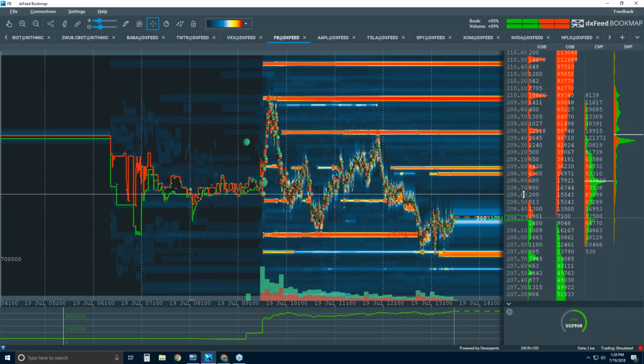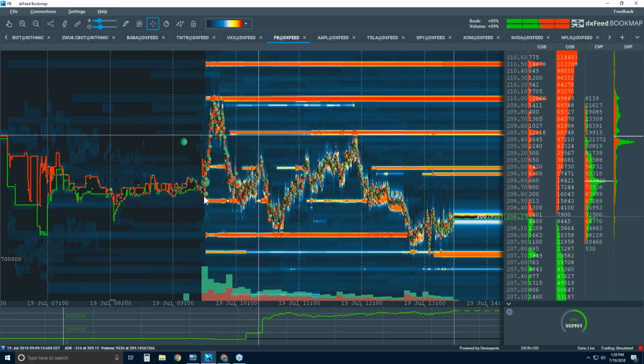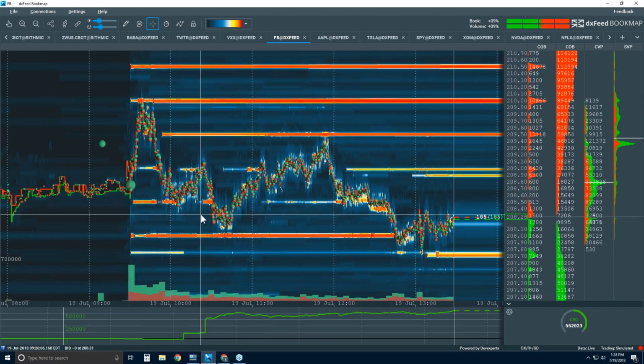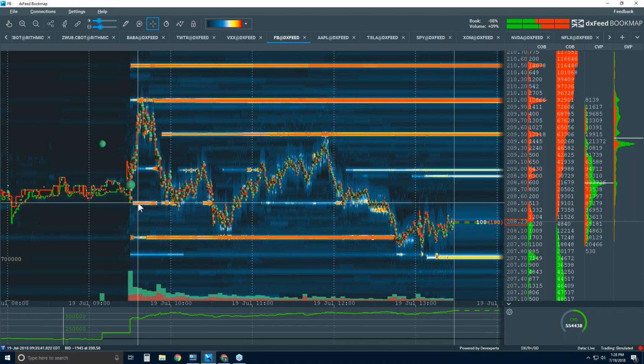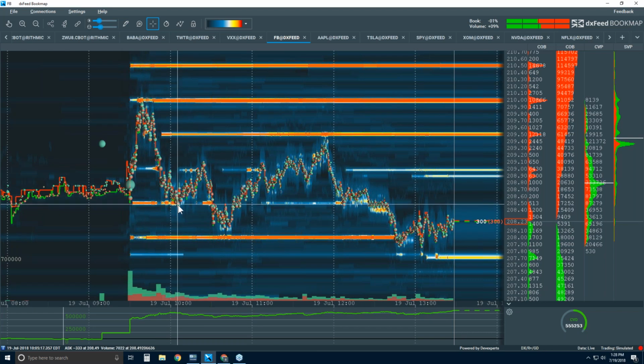Well, here's our open. Here's 9:30. Look how the liquidity pours into the market at 9:30. The volume pours into the market at the cash open. Here they are on the bid. Price went up. They stayed here on the bid. They came down and traded it. It was absorbed here and bounced back up.